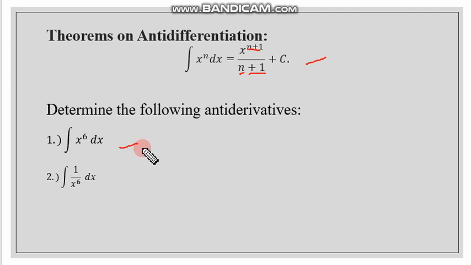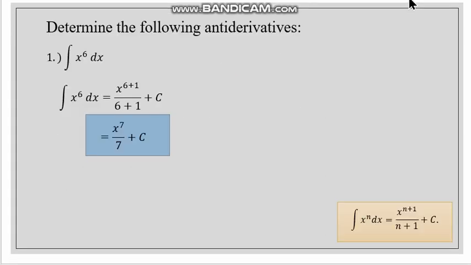So number 1, the integral of x to the 6 dx, and number 2, the integral of 1 over x to the 6 dx. So again, for the integral of x raised to the 6 dx, according to our theorem, x to the n dx is x to the n plus 1.